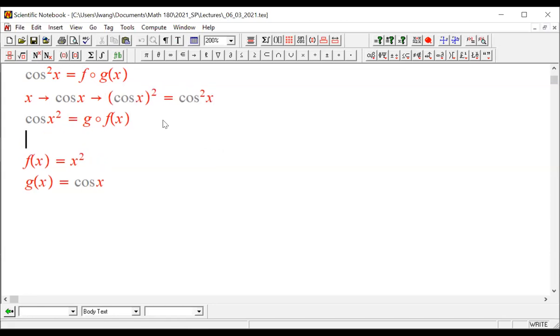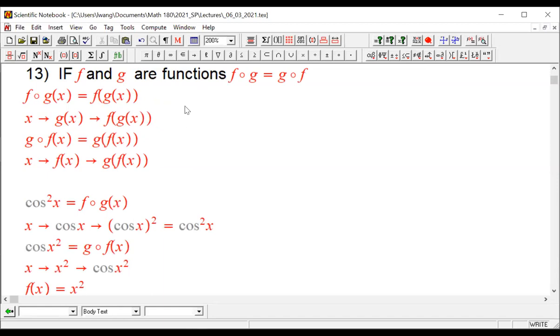And this other flow is what? You have x, you square the x, and then you do the cosine of x squared. So they're different. So this is what? It's a false statement. And then the next question is, when is it true?